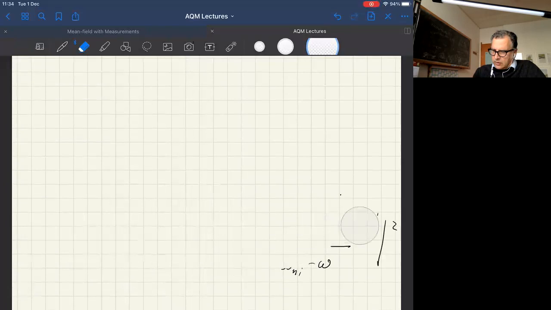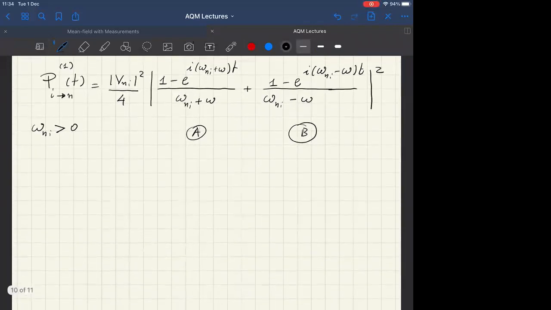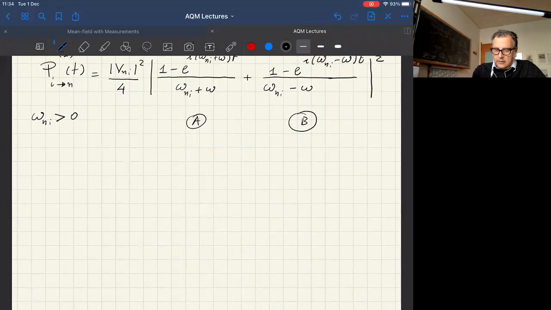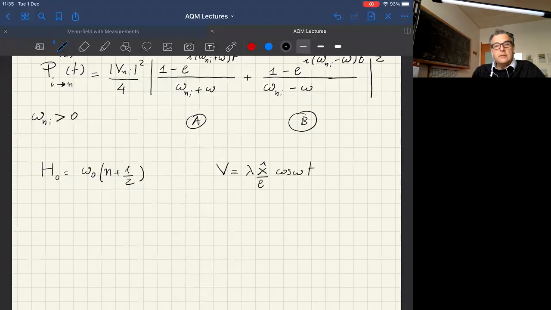So what was the example I gave? As a perturbation with the position operator, dependent on time. So I had H0 equal to omega 0 (n plus 1/2), and the perturbation was lambda x over L cosine of omega t, right?